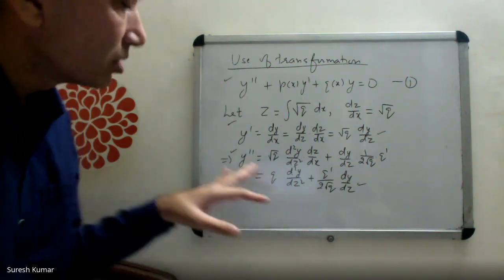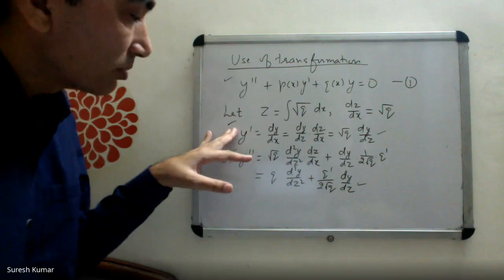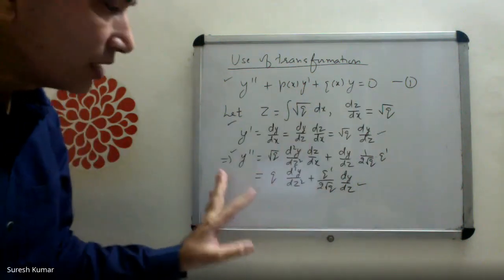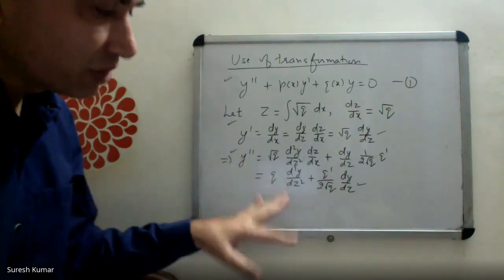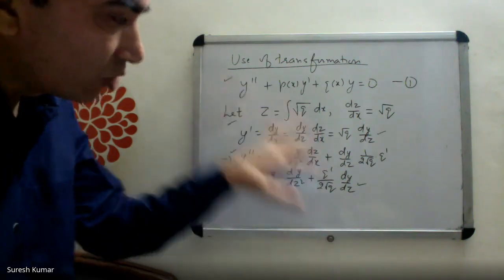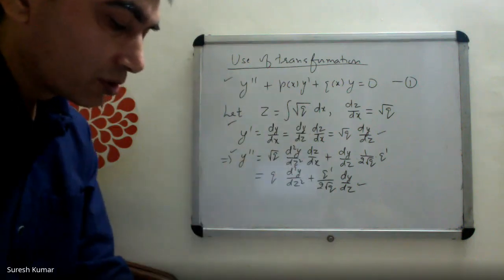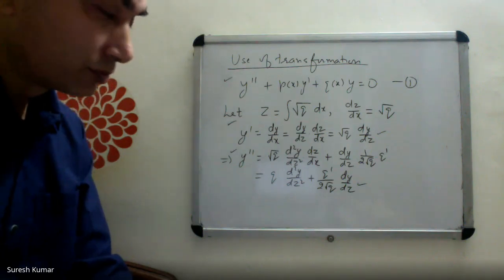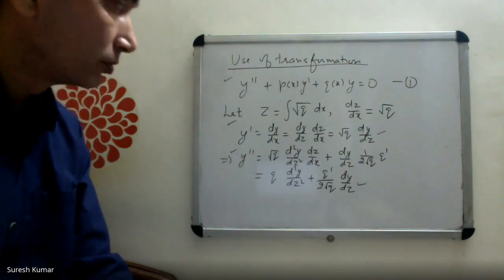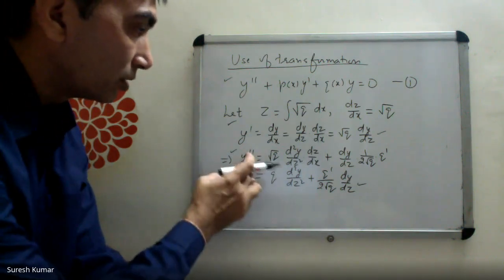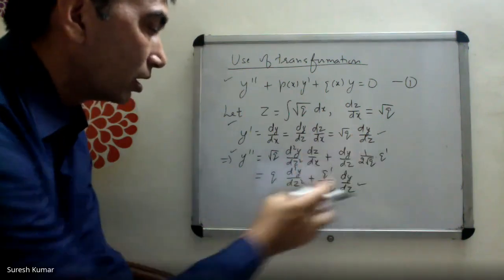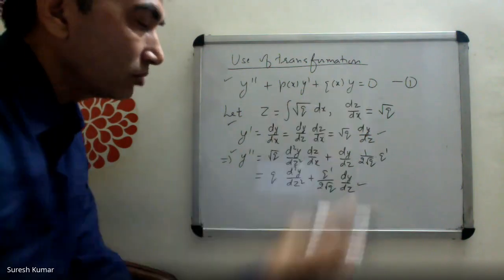I'm saying substitute the expressions for y prime and y double prime into equation 1 and then do some simplification. Finally divide throughout by q. See what expression you get. If I multiply this by p, this by p, and this as it is, and add the two, and one more term q into y.